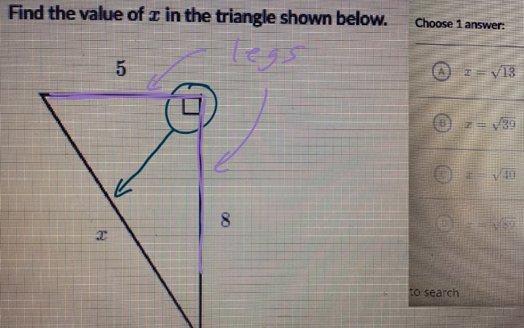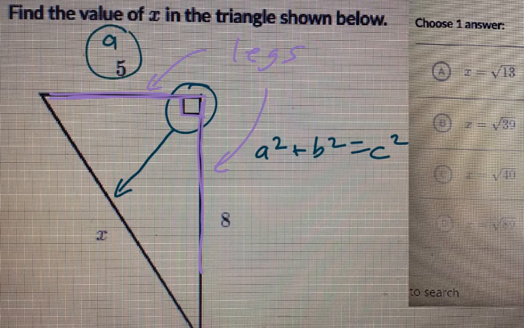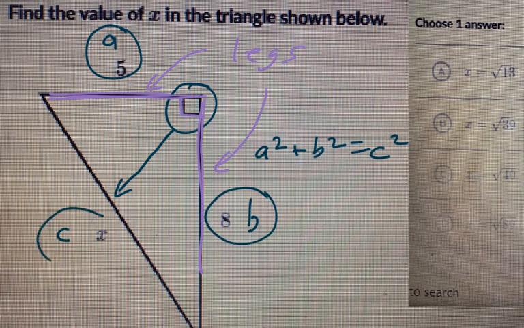They always make the right angle. So, we all should know A squared plus B squared equals C squared. I'm going to call 5 A, 8 B, X must be your C. The C is always your hypotenuse.